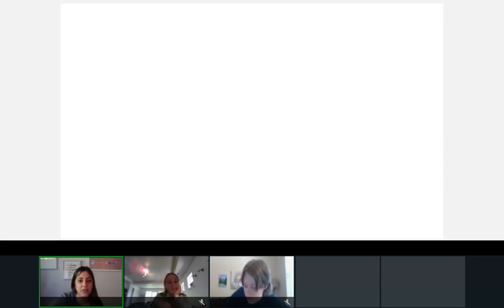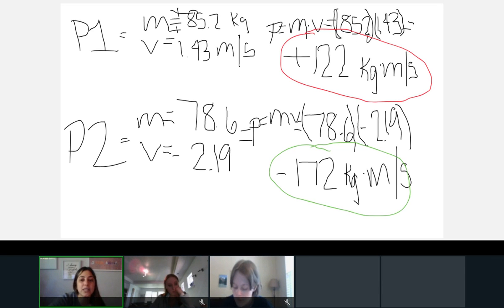Now, I want to do one thing. I am a visual learner. So for me, it really helps when I have a picture drawn, right? So player one had a higher mass but was going at a slower speed. Whose momentum was greater?